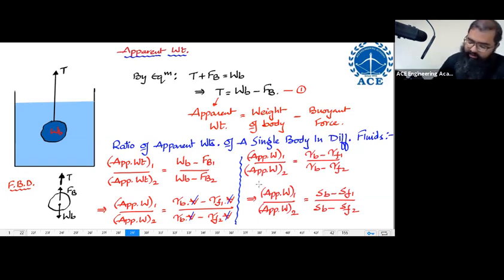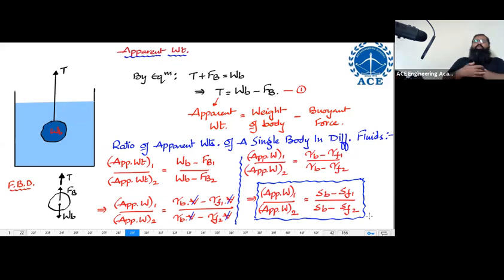This relationship, it is better if you remember it. The ratio of apparent weight of a single body in two different fluids is equal to SB minus SF1 upon SB minus SF2.